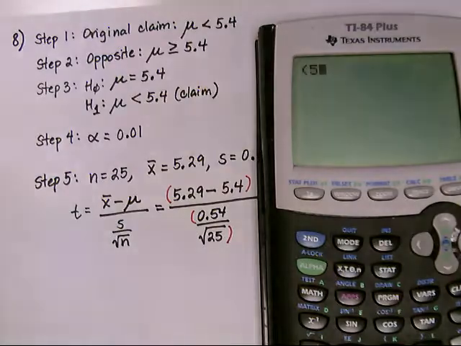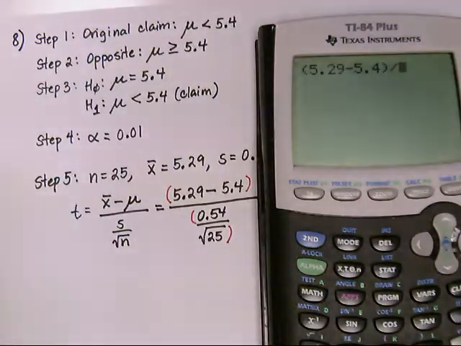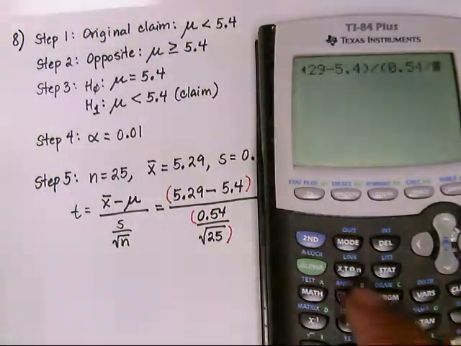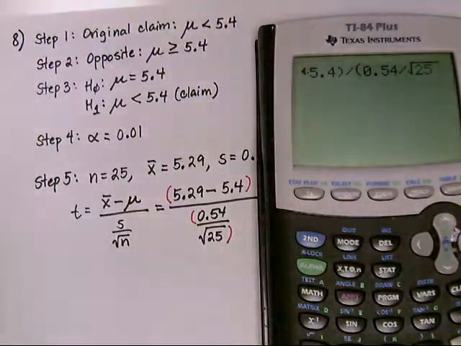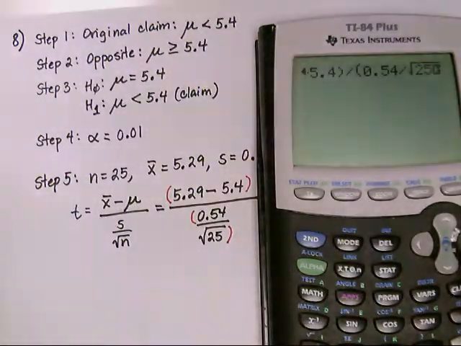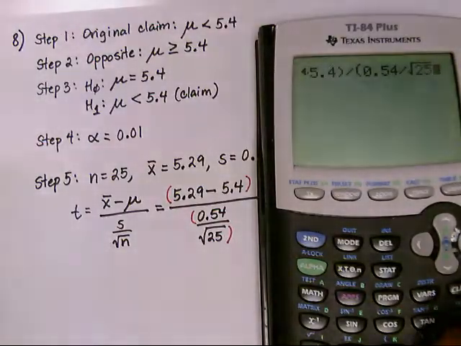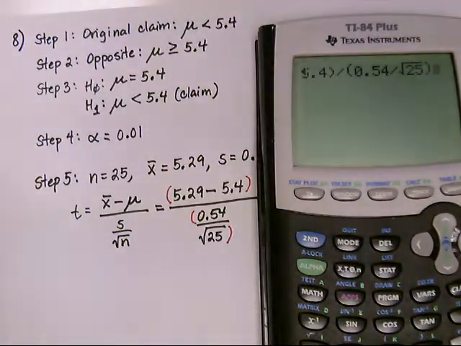Here you do left parentheses 5.29 minus 5.4, close parentheses, divided by, and then left parentheses 0.54, divided by second x squared for the square root, 25. Now, if you have the older calculator, you may have to close your parentheses twice. But if you have the newer ones, like I have here, with the screen looking like this, you have to use the right arrow key to get out from underneath the radical and then close your parentheses. And then hit enter.